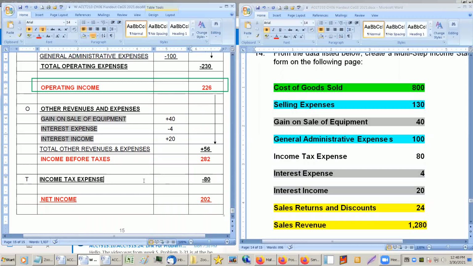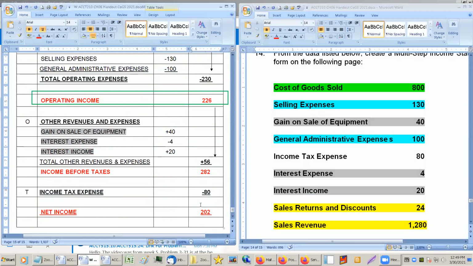And income tax expense is at the end. This is a calculated number, and when we get to corporate taxes we'll see how you figure that out. For our purposes, it'll be here. Companies usually don't have too much control over that. They might have some planning, but for the most part, usually not too much. And so that's the net income.